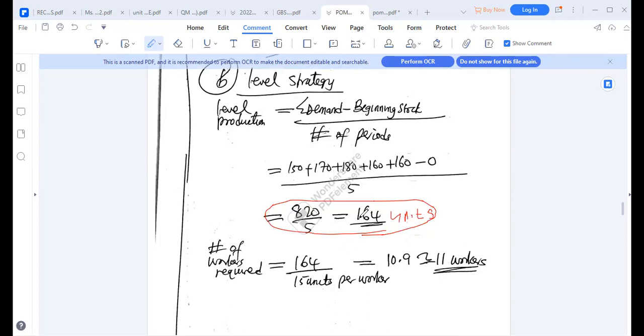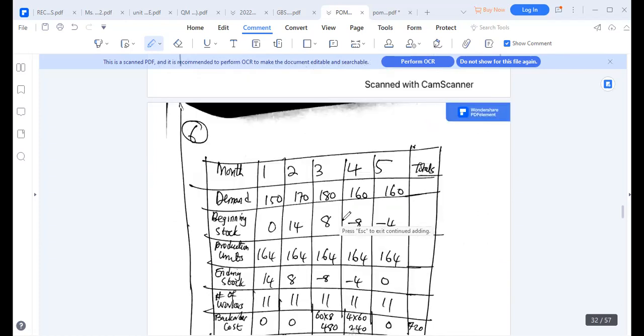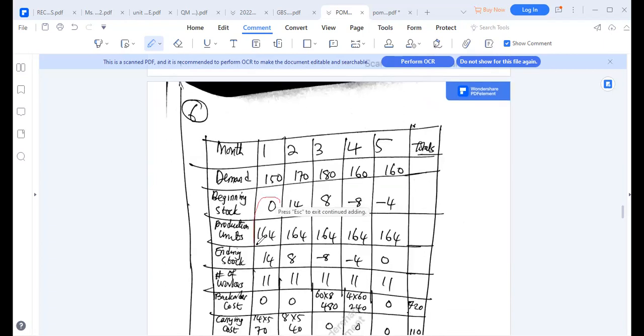All right. So from here, we need to start sorting out the table. We have the demands, which are these ones. Then the beginning stock was 0, production was 164. So we add the beginning stock plus what we have produced, 164, minus 150, and we get 14 as the ending stock.